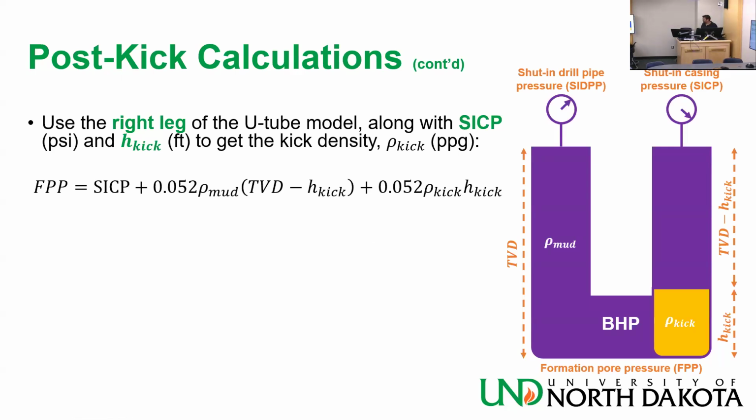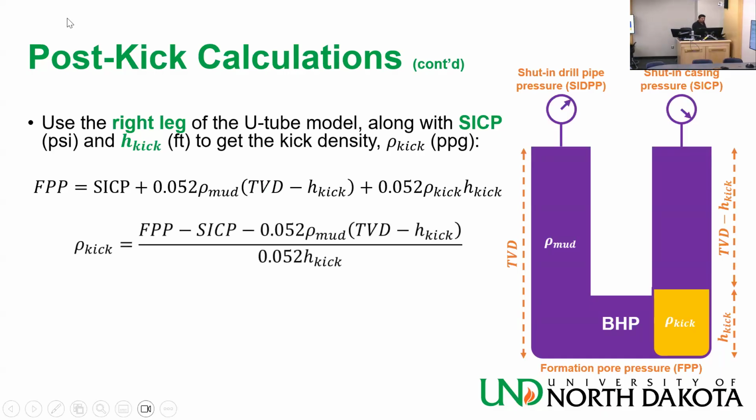I know FPP, I know the choke pressure, the casing pressure, I know the raw mud weight, I know TVD, and now I know H kick. I don't know the density of the kick, and I'm gonna solve for that. And this is how I'm gonna get the density of the kick.